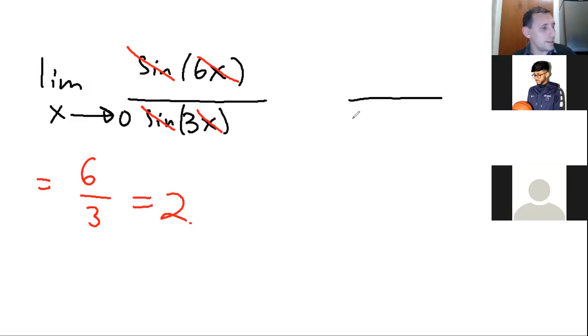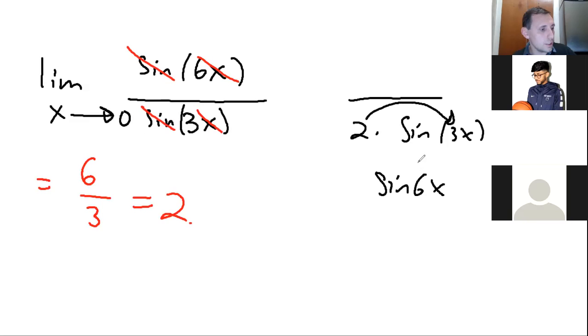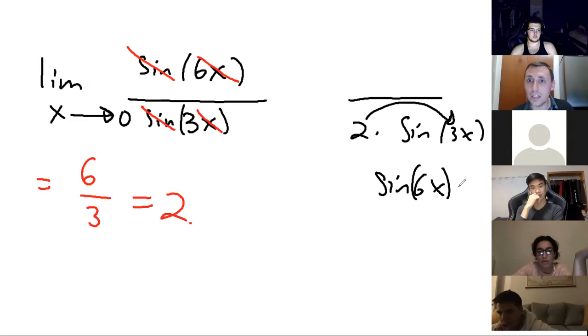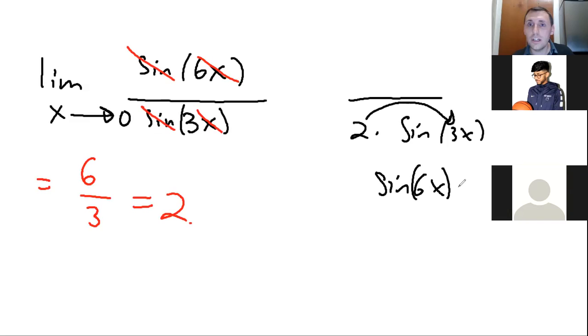You have 2 times sine of 3x, and then you move the 2 in here, yes? So it now is sine of 6x, correct? Am I understanding it correctly? Yes, good that I know. Thank you. So continue writing me, guys.